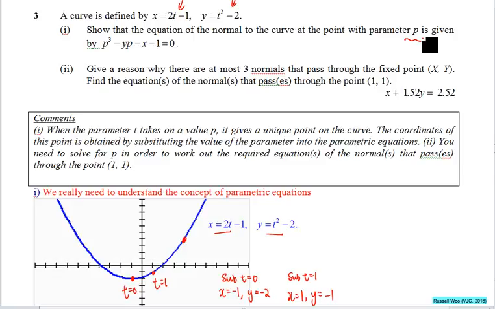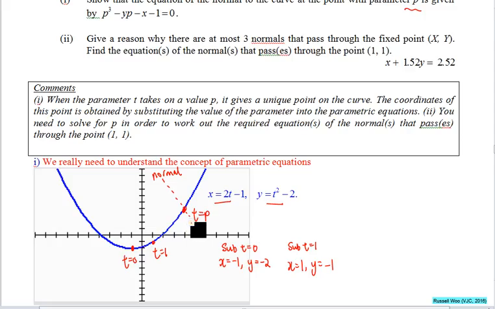At this point, the parameter is 1. t takes on 1. At some random point, there must be a point where t equals p. The question wants us to find the equation of this normal, where the parameter takes on the value p.